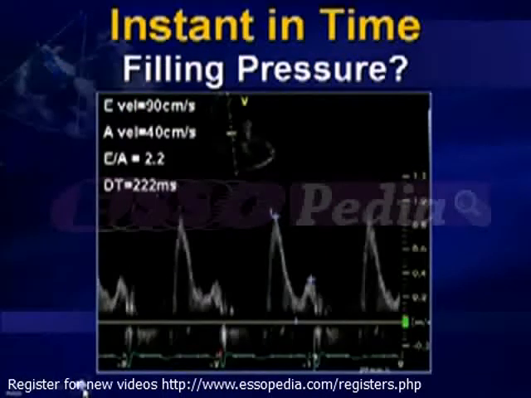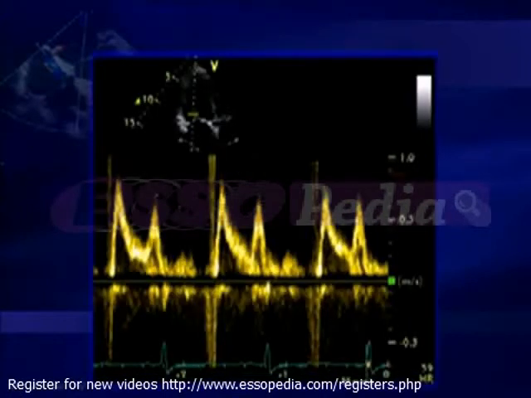We begin by looking at the mitral inflow velocity profile. Again, generally characterized by the amplitude of the E wave, the A wave, and the E wave deceleration time. Now sometimes you note that there is a nonlinear decay in the mitral E wave velocity. And when trying to evaluate for LV filling pressure, the question is, do we measure this initial slope in green or this second slope in red?